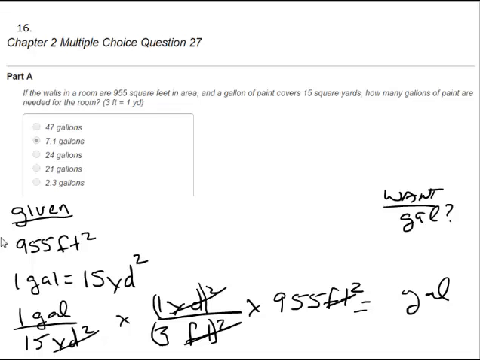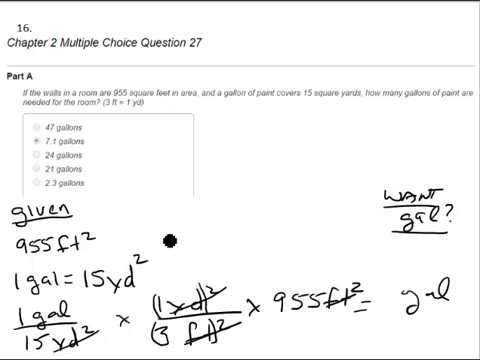Now notice what I did. I just gathered what I had, was very clear on what I needed, and so I knew that gallons has to start on top. And so square yards have to go on the bottom, and then I just do unit conversion. So my arithmetic here, just so I make sure I'm making the points I want to make.